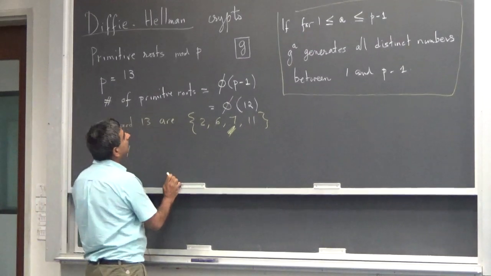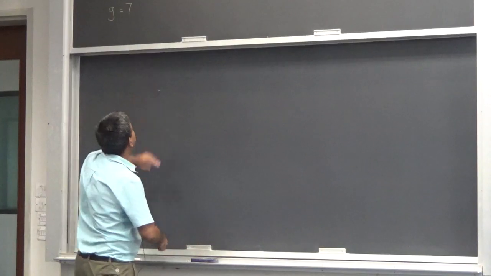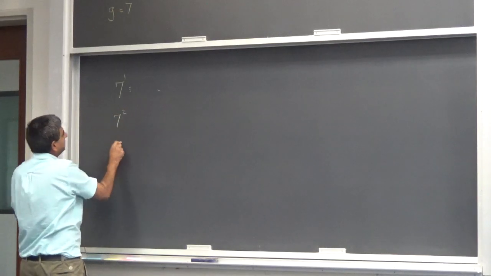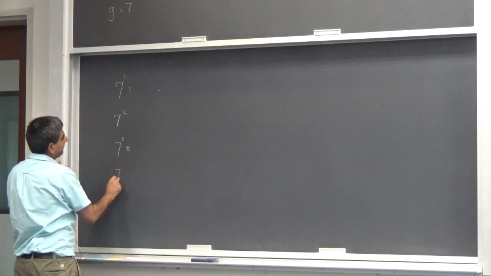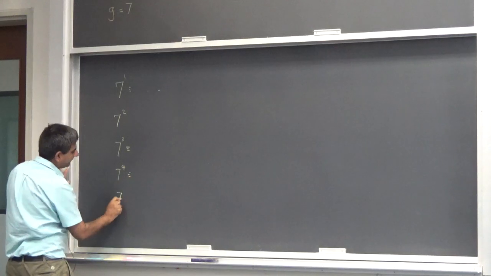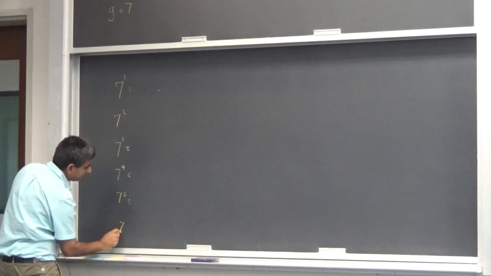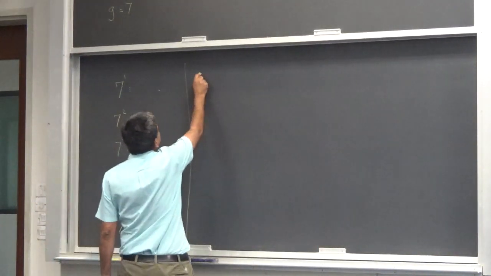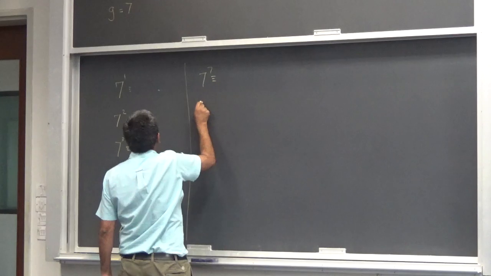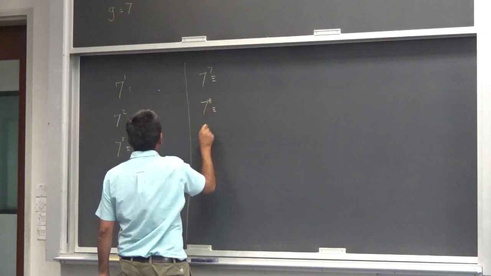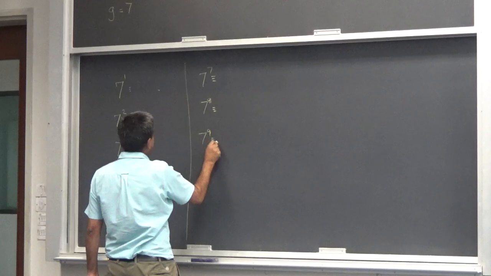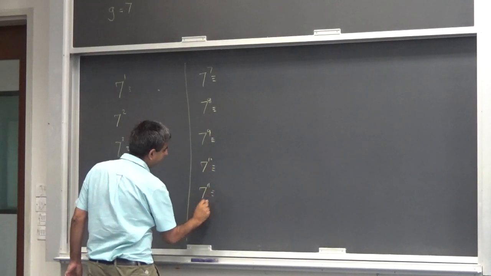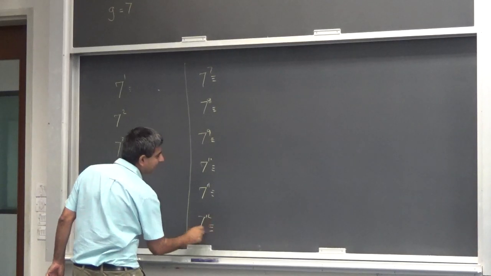So let's make a table. 7 raised to power 1, 7 raised to power 2, 7 raised to power 3, 7 raised to power 4, 7 raised to power 5, 7 raised to power 6, 7 raised to power 7, 7 raised to power 8, 7 raised to power 9, 7 raised to power 10, 7 raised to power 11, 7 raised to power 12.